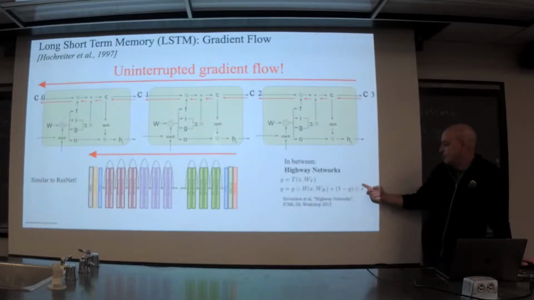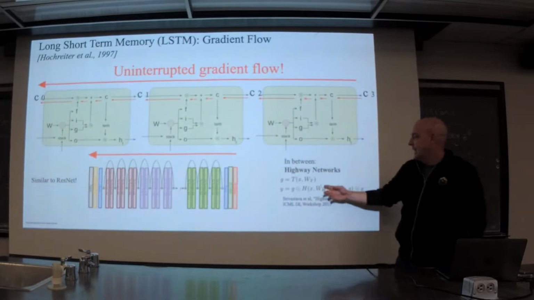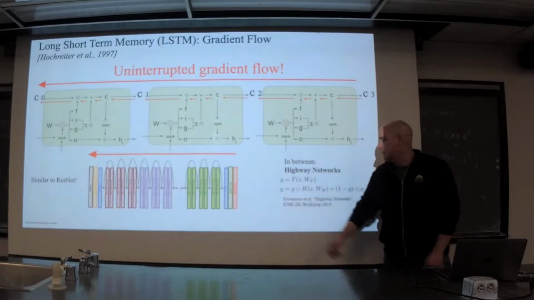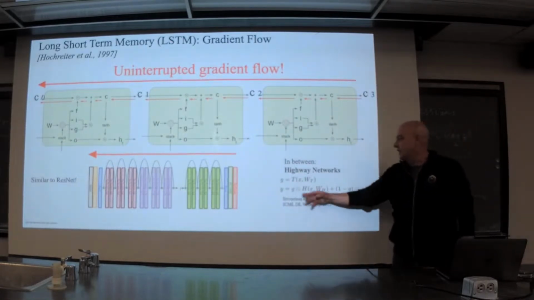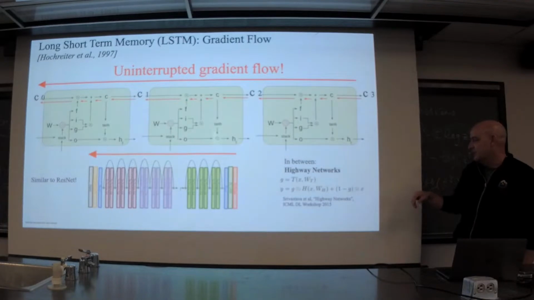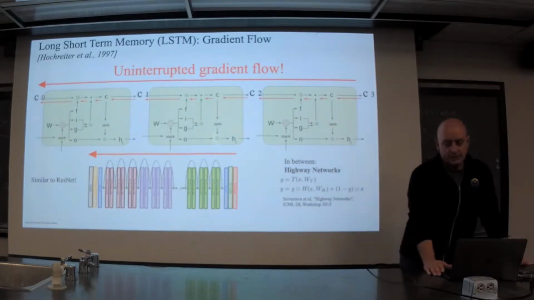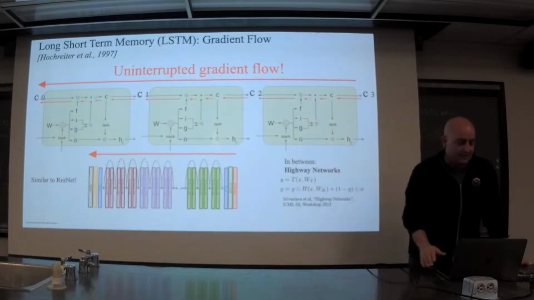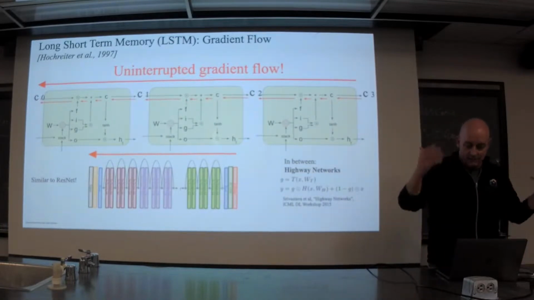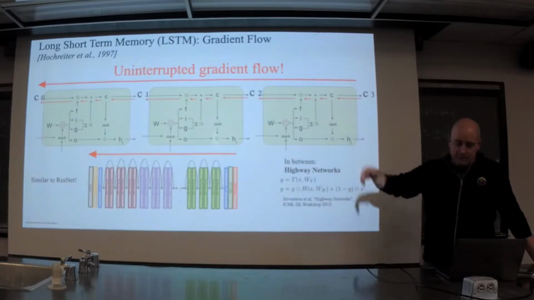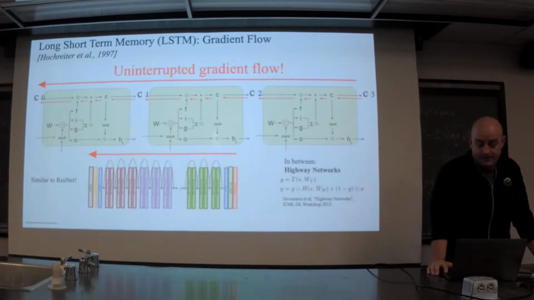They have things that look like skip connections, but they're gated, and they're keeping track of two states here, G and Y, and this internal state is the thing that allows for the gradient to pass through. So highway networks never really made it to be things that people used a lot, but in building up the theory of why you'd want to do these things, or why these things work in the first place, they're very helpful.